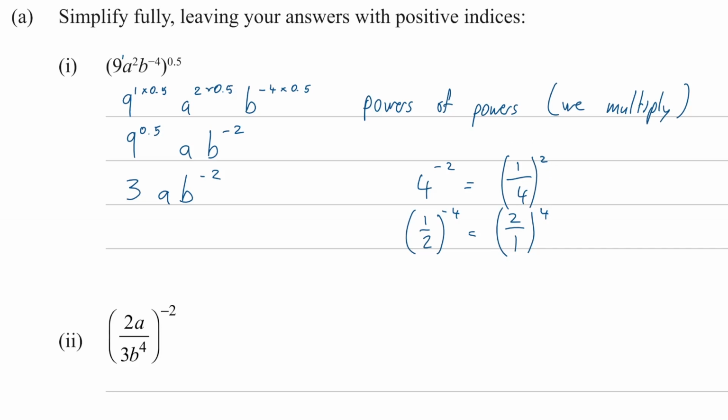But for the 1 over 2, I inverted the fraction and then raised it to the positive power. But back to the problem. In this case, the b to the power of negative 2, since we invert it, it becomes 3a over b squared. And that's our final answer.